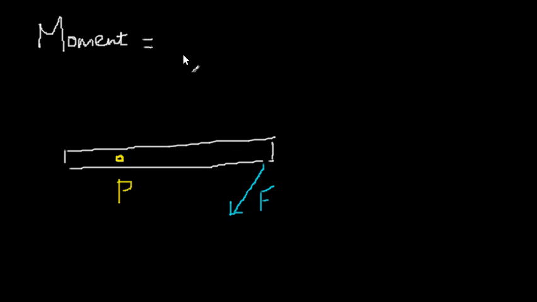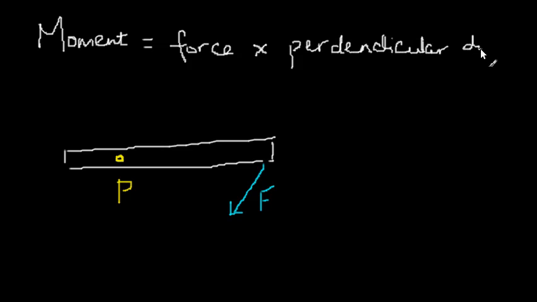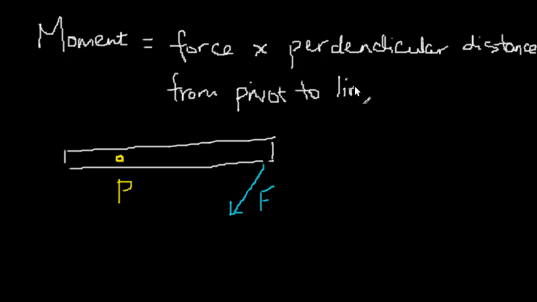The moment is equal to the force times, now this part is important, the perpendicular distance from the pivot to, now this part is the most important, to the line of action of the force.